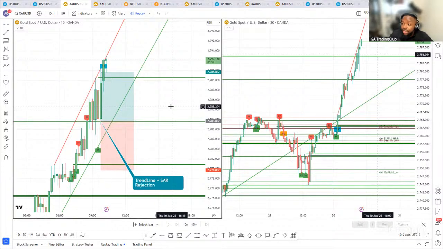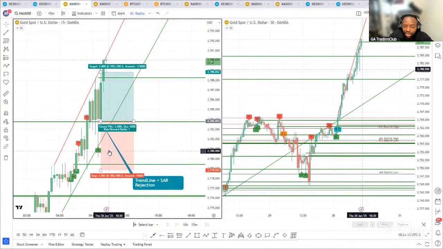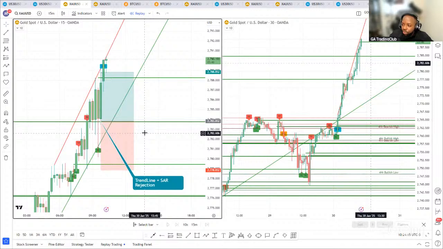Same thing if you're taking a buy based off of a rejection of a support line, and that support line is trending to the downside, you need to be careful because price is telling you that it's in a downtrend.